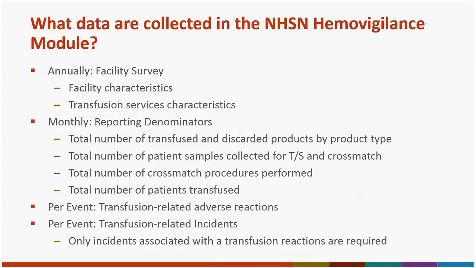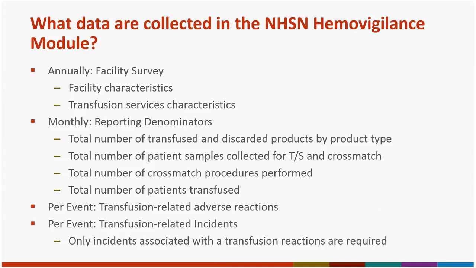Adverse reaction reports are reported for each event. Adverse reaction data includes patient information, reaction details, adverse event classification, and blood component details. Incident reports are only reported if associated with a transfusion reaction. This includes event discovery data, like the time of the incident, and the process steps where the incident was discovered.